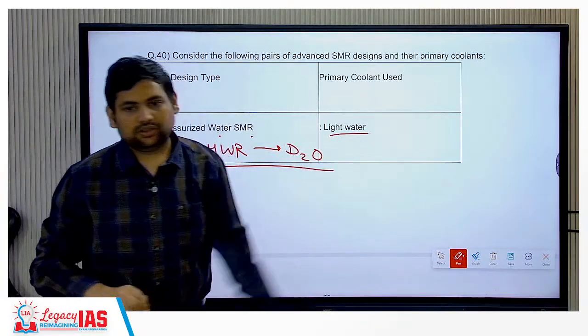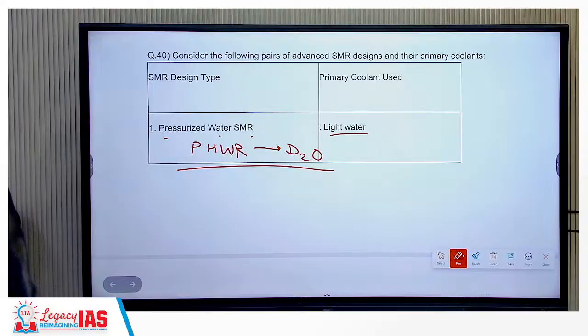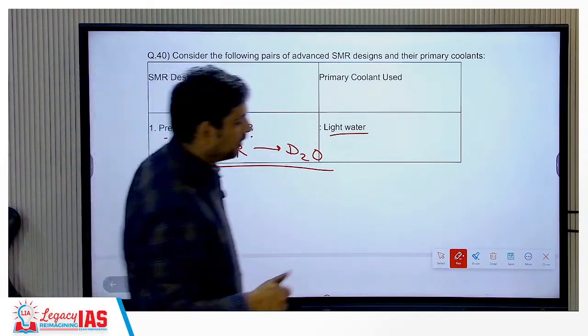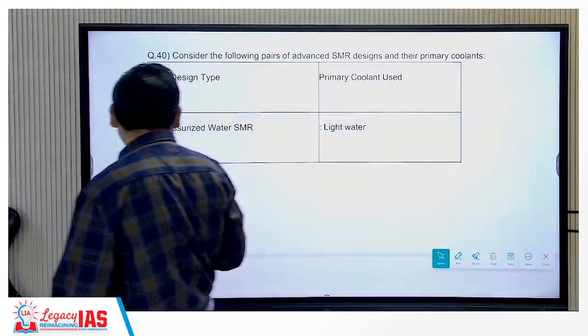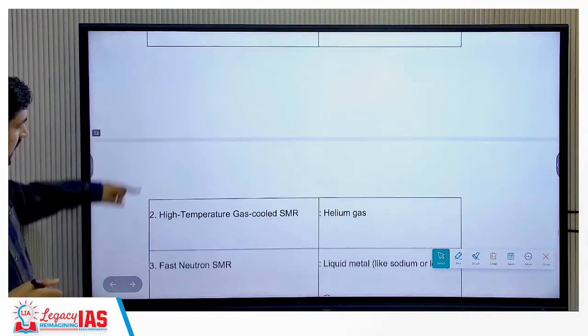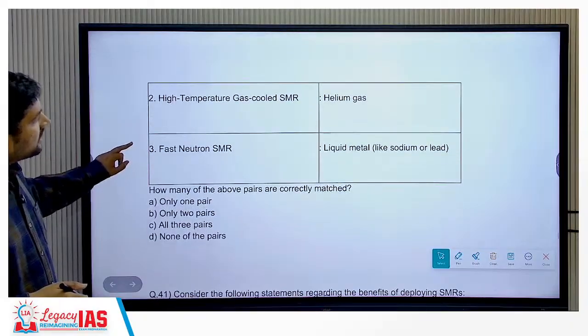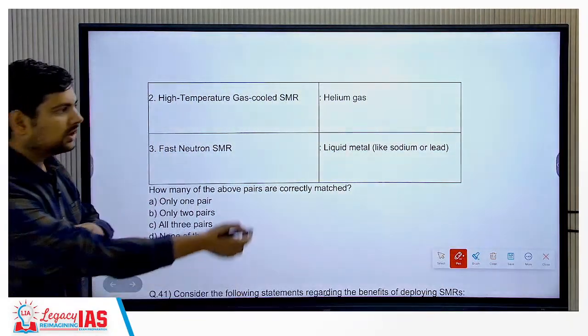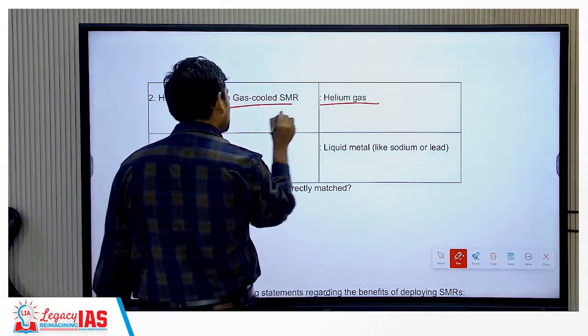So this is light water only. If it was pressurized heavy water SMR, then it would have been D2O. So first is correct. Then high temperature gas cooled SMR. What do you think? Actually, this is also correct.